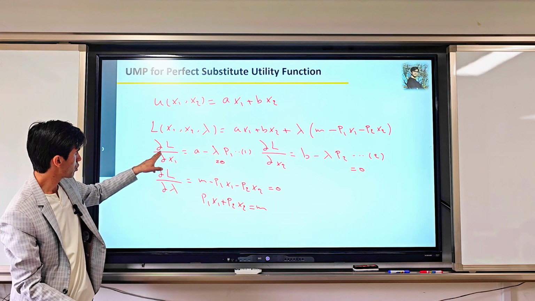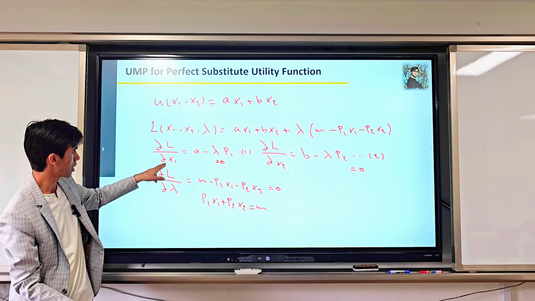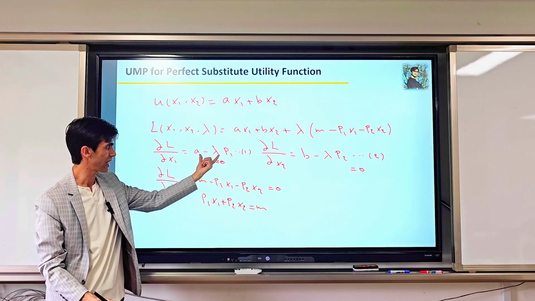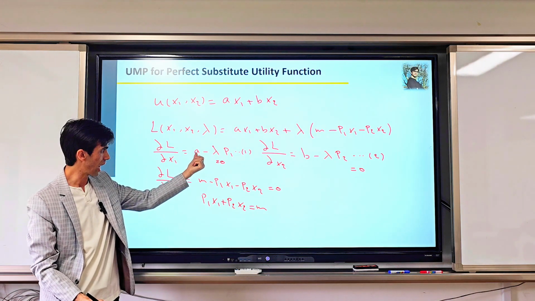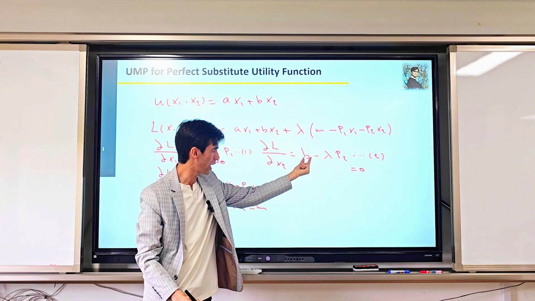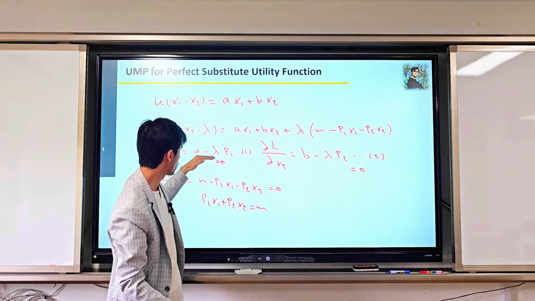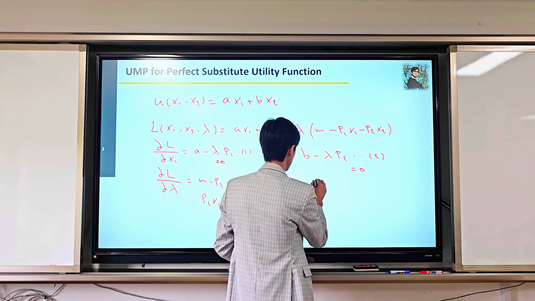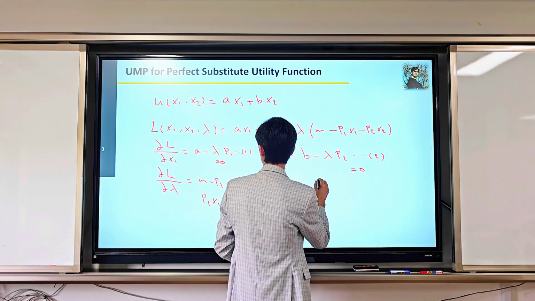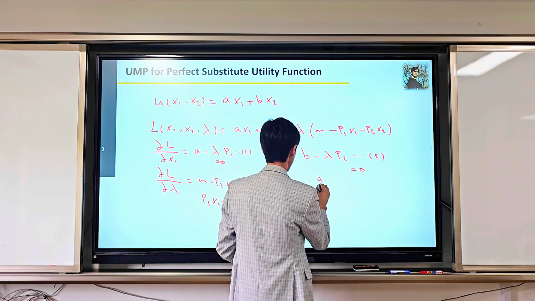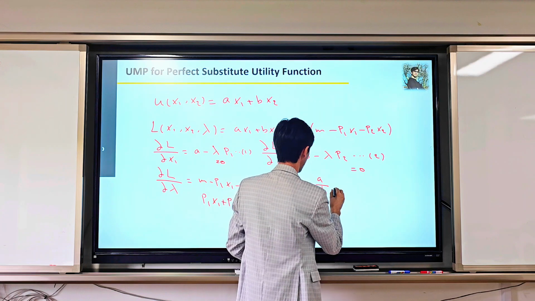But now, as you see, in the first order condition in terms of x1, we don't have any x1, x2 here. We only have a. For x2, we only have b. So if we divide 1 over 2, it will be equal to a divided by b.